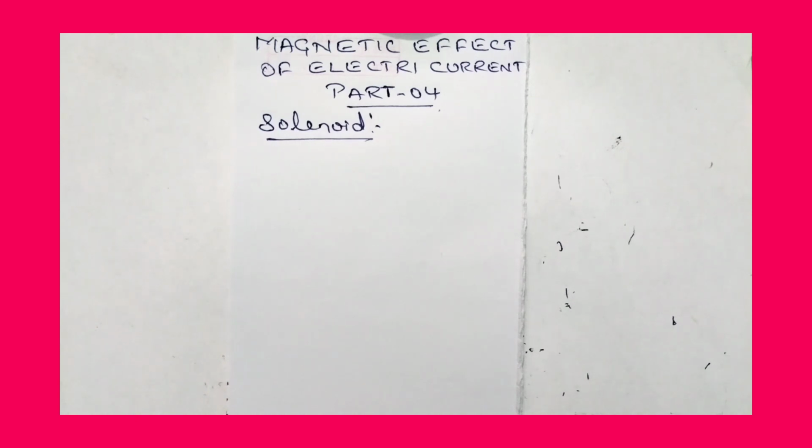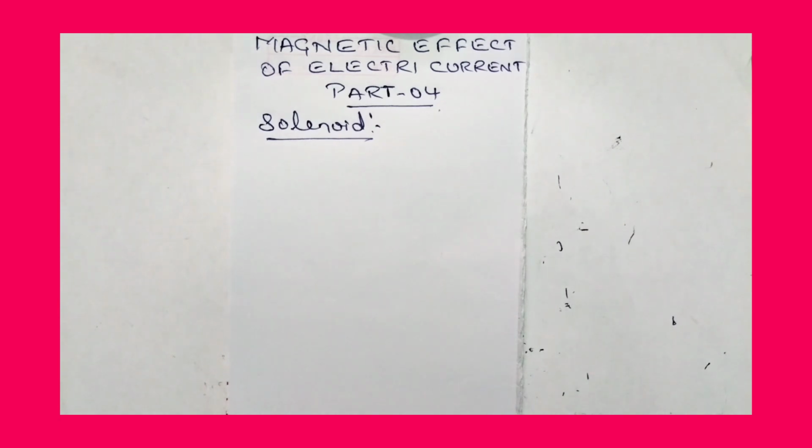Around a straight conductor, the magnetic field line pattern is in the form of concentric circles. At the center of the circular loop the magnetic field line pattern will be a straight line, and the magnetic field strength will be more at the center of the circular loop.